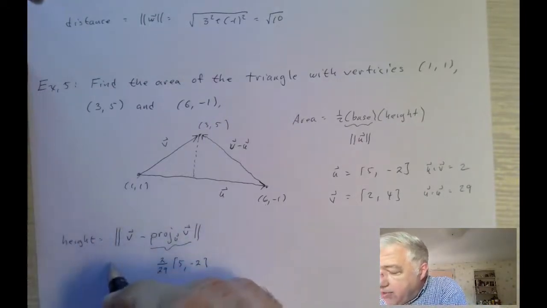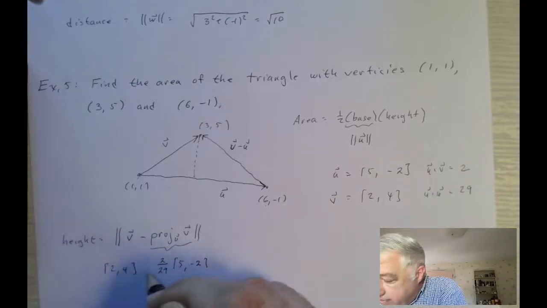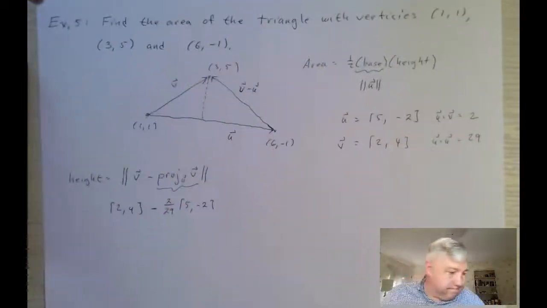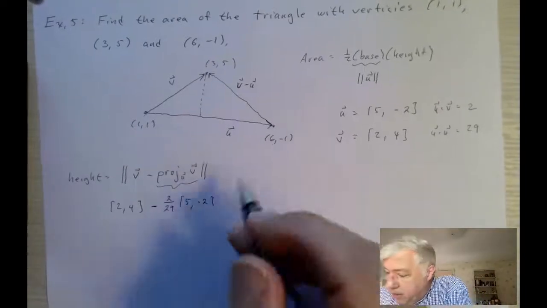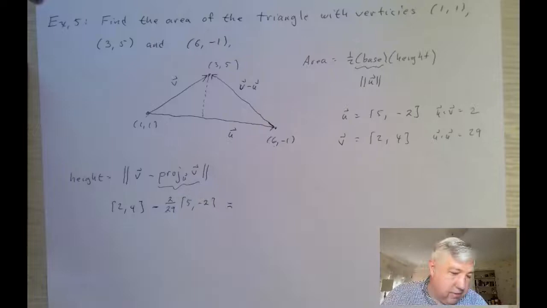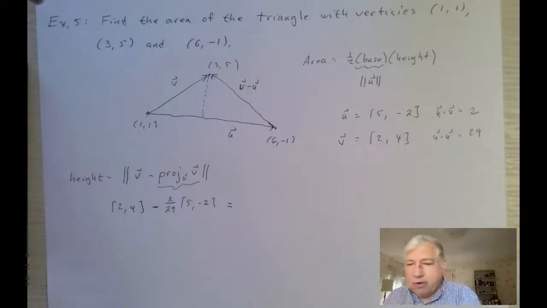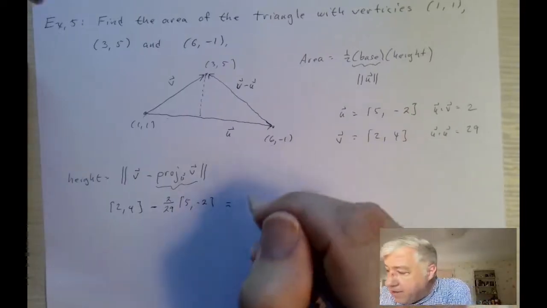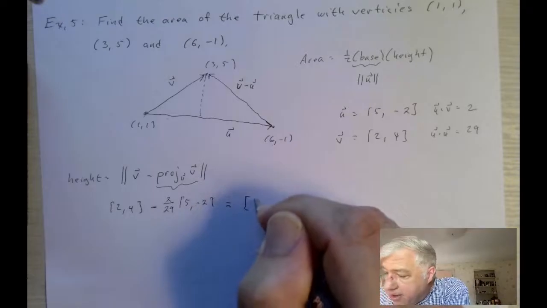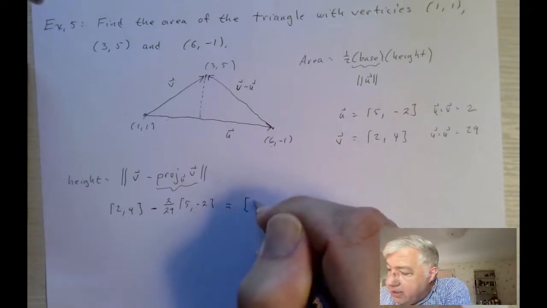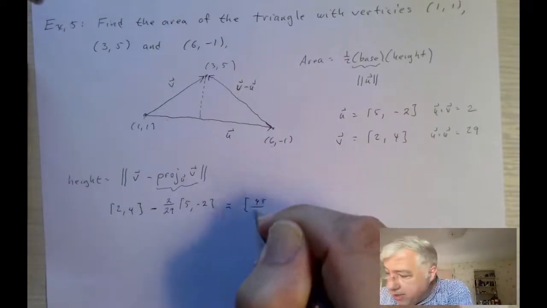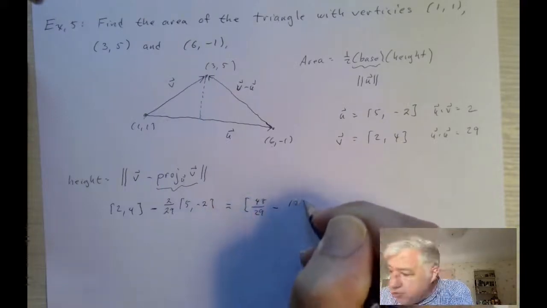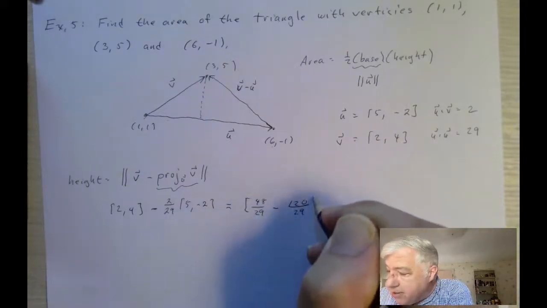Okay. If you do the arithmetic ahead of time, and are good with your fractions, you find that this vector turns out to be 48 over 29, negative 120 over 29.